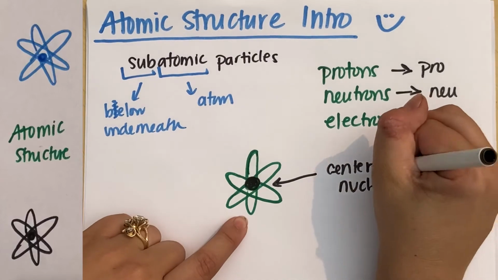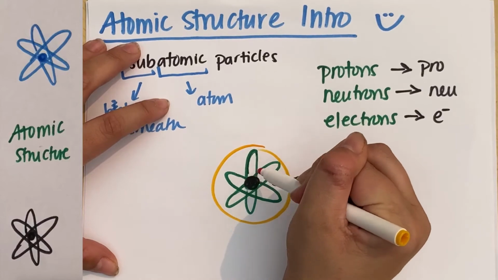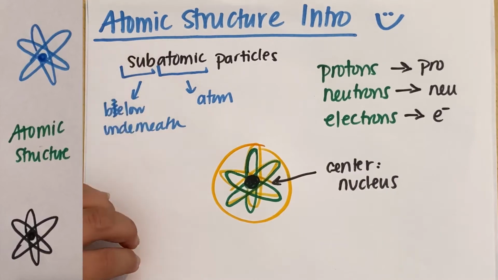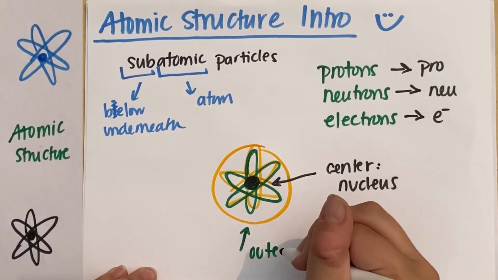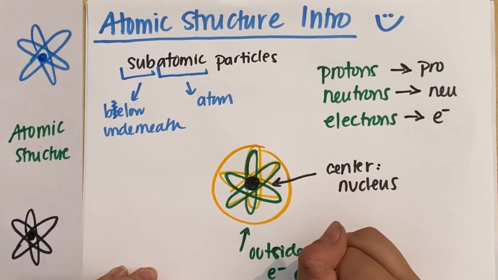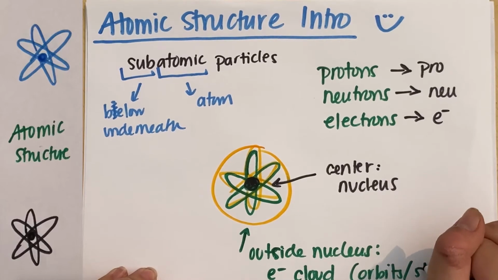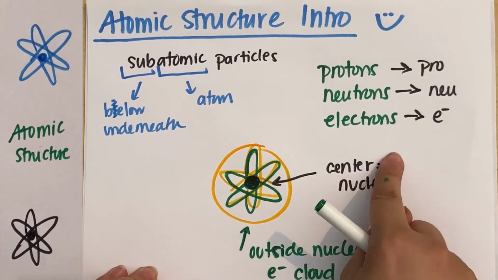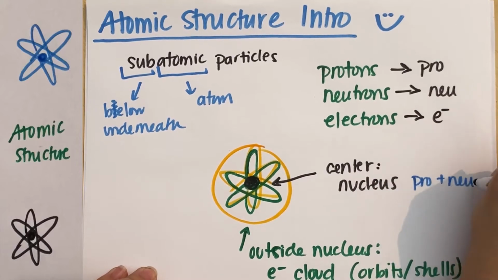So the center is going to be your nucleus, and then all this outside space here, from the nucleus all the way outside, all these rings, is going to be your electron cloud. Sometimes we call them orbits, your electron shells. We'll learn more about this. But in general, the center is your nucleus, and inside your nucleus are your protons and your neutrons.